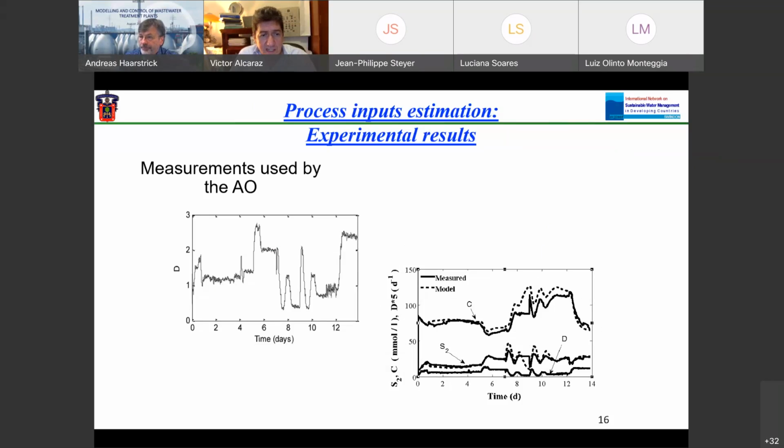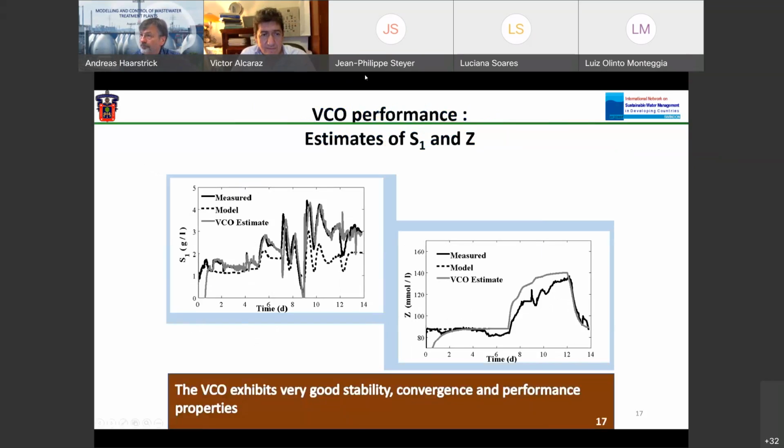In these experimental results, we see the variables used as measurements: the dilution rate, volatile fatty acids, and total inorganic concentration. Next. And here the estimation performed by the virtually controlled observer on the chemical oxygen demand and strong ion concentrations.